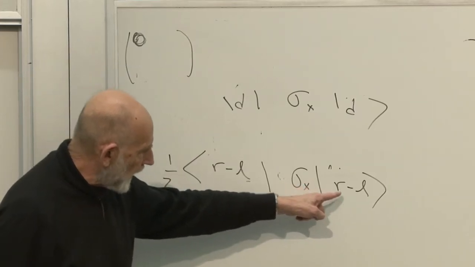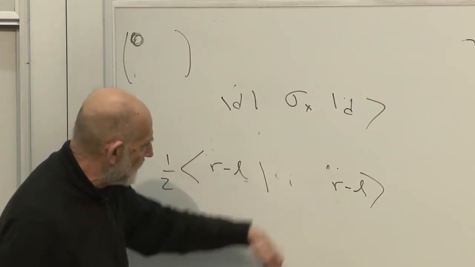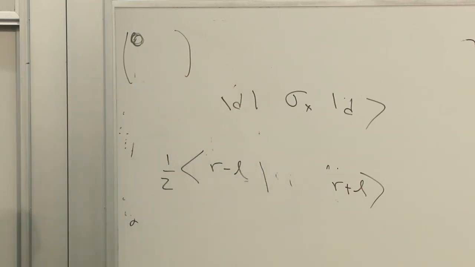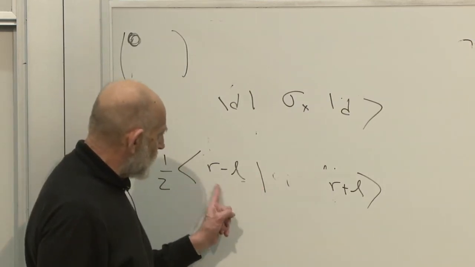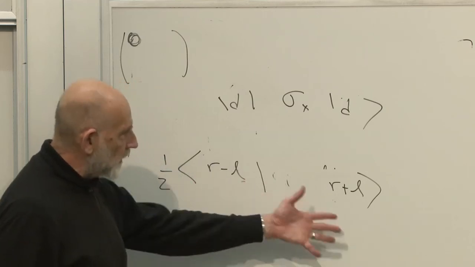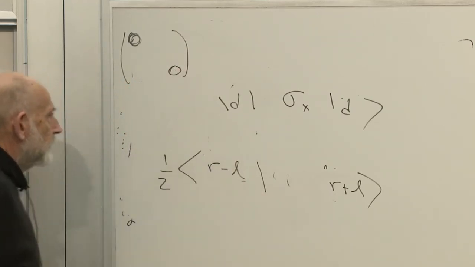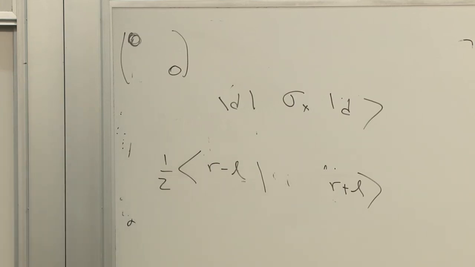So when sigma x acts, it takes right minus left to right plus left. And what's the inner product of right plus left with right minus left? 0 again. Right with right is 1, left with left is -1, and the cross terms are just 0. So there's a 0 over here. Now, looks like all we're going to get is zeros, but that can't be right.